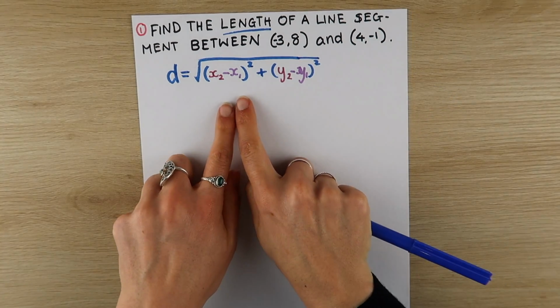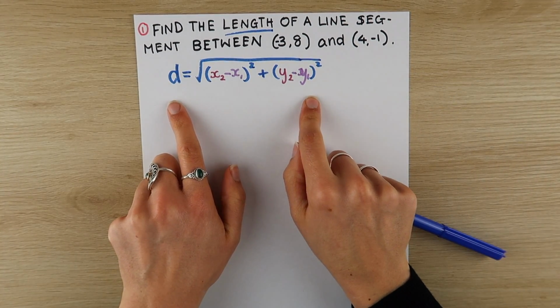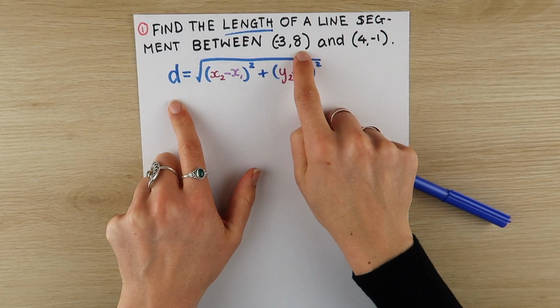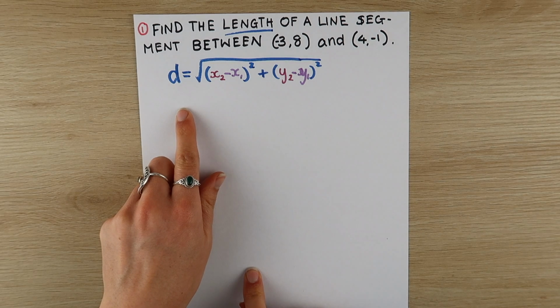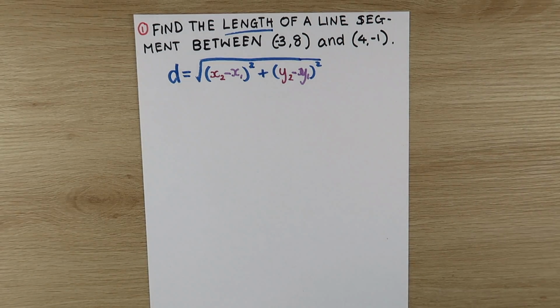Alright, so now that we have the formula written out like this, it's really easy for us to just sub in the points that we've got and then continue on to find what the distance or the length of this line segment is.